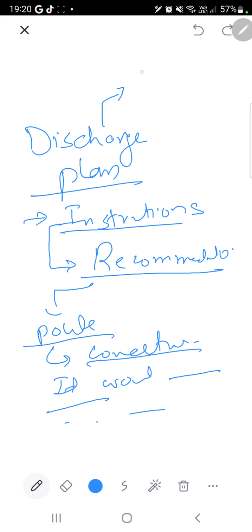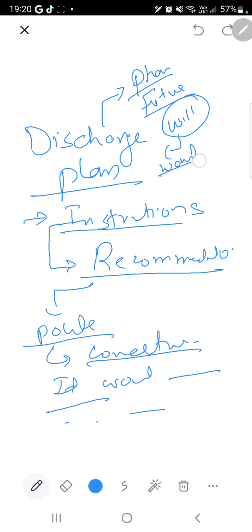Generally speaking, the discharge plan should be written in the future tense. But as we cannot use will in the letter because the language will be harsh, we are using would, and along with would we can also use could to balance the sentence. Right? Now you can see that the discharge plan is written in conditional language most of the time. Similarly, for today's visit in the referral letter, it can also be written in the past simple.